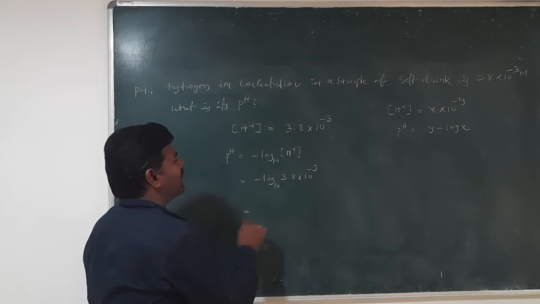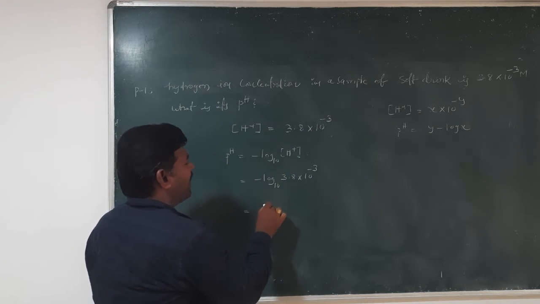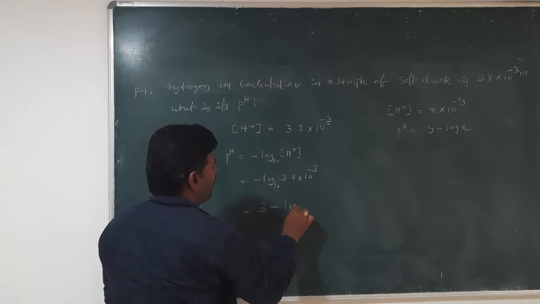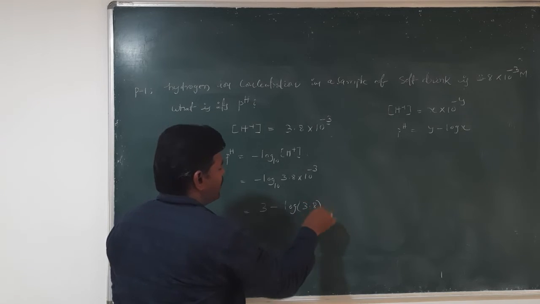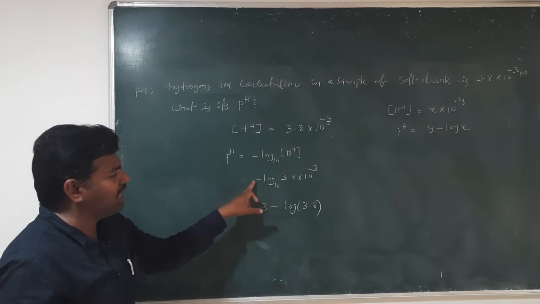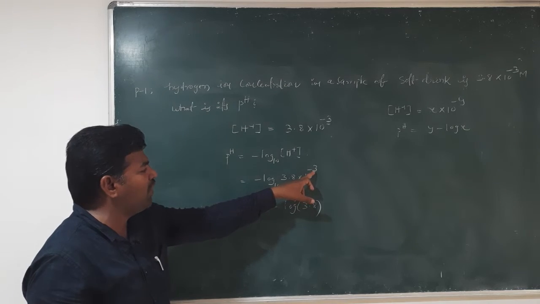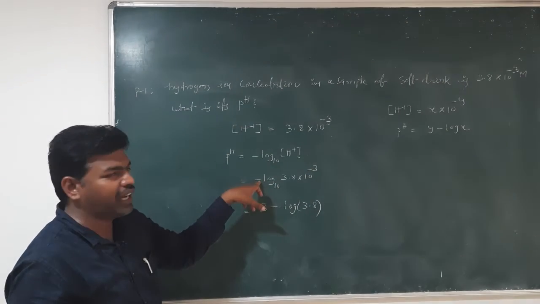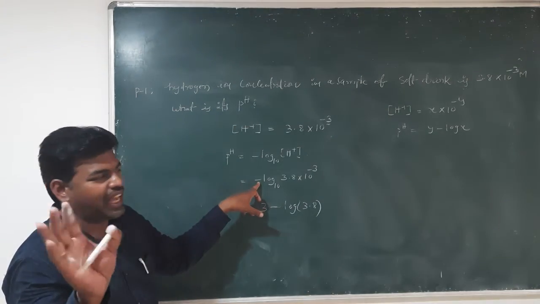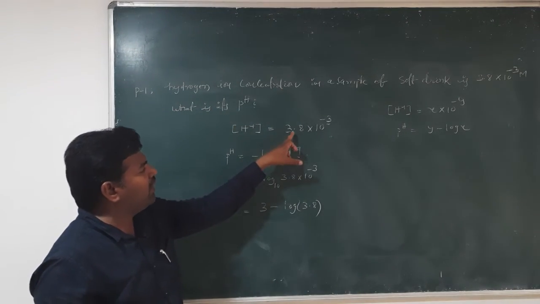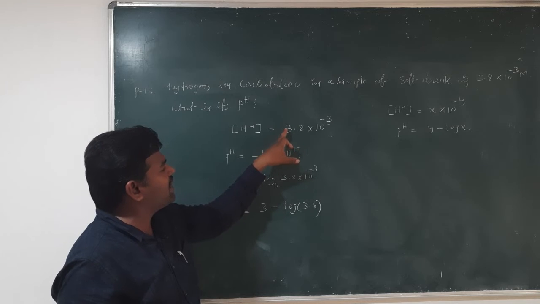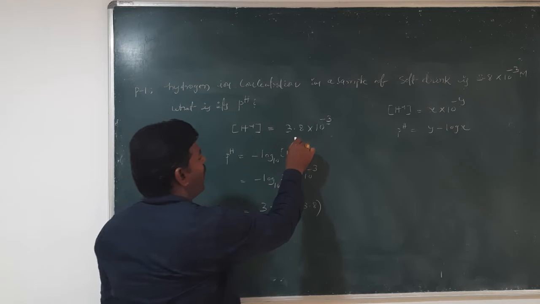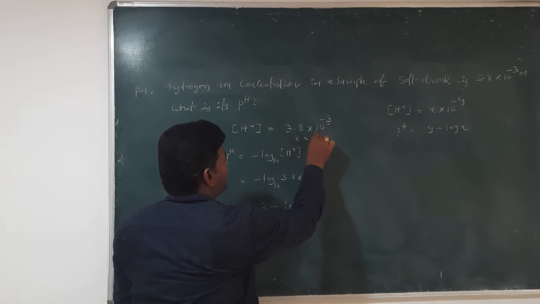So, similarly, what is y here? 3 minus log 3.8. No need to calculate this logarithm, and you put forward this minus 3 to before the logarithm. Here we can observe that concentration of H plus ions is in the form of x into 10 power minus y.